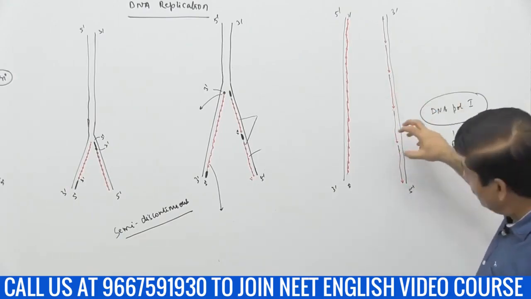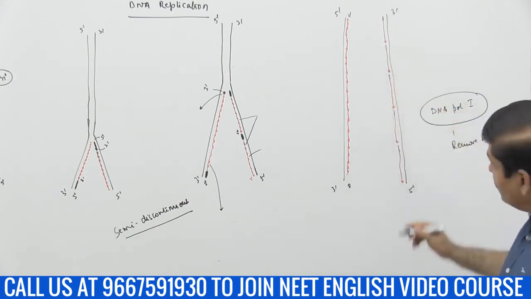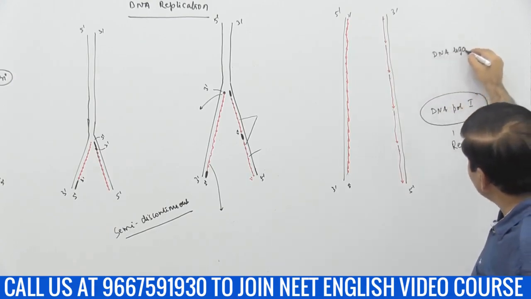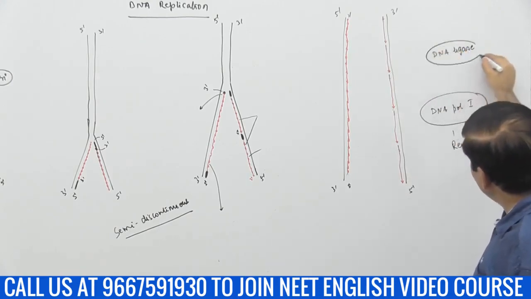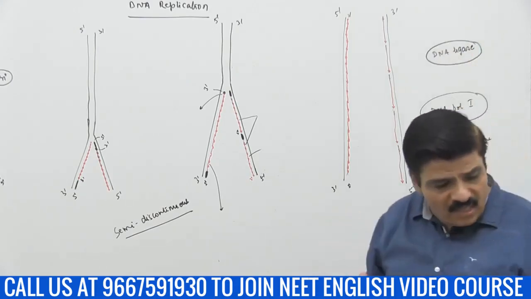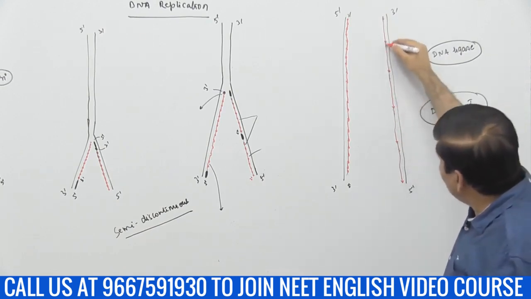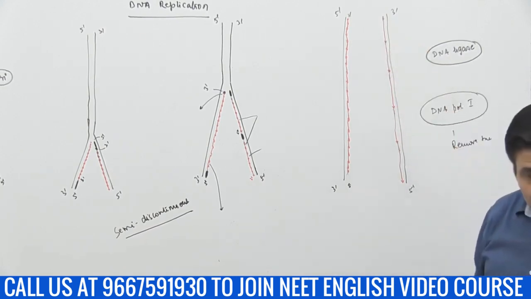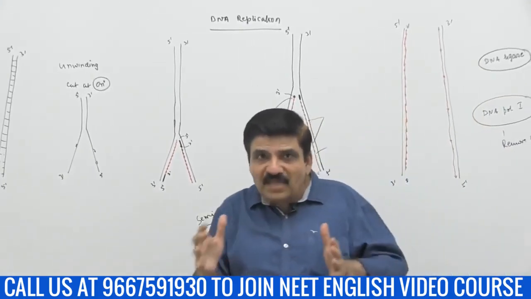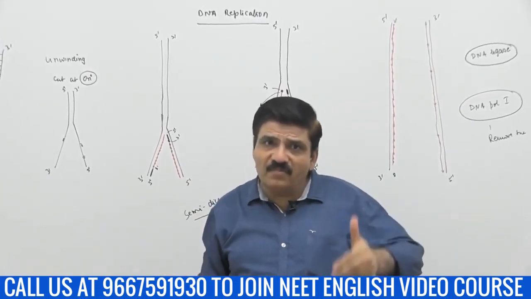On this strand there has to be joining of the Okazaki fragments, and this enzyme is DNA ligase. So DNA ligase on the lagging strand will join the Okazaki fragments, completing the process of DNA replication. I hope you have understood the basic steps of DNA replication. This is very, very important.